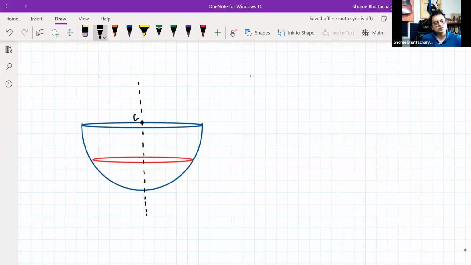Since we are referencing it to this center of curvature O, we take this as our y-axis.